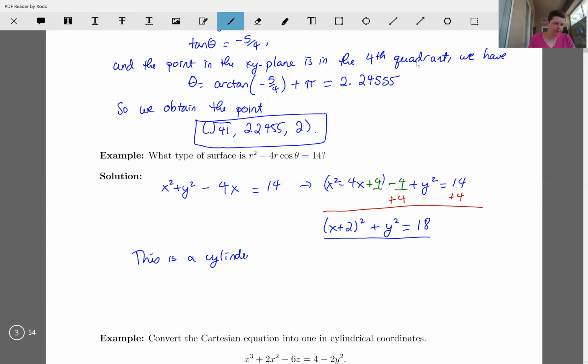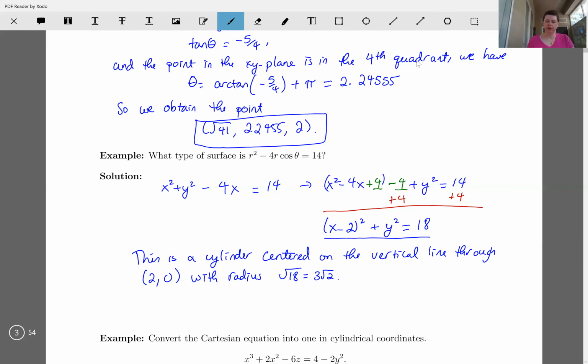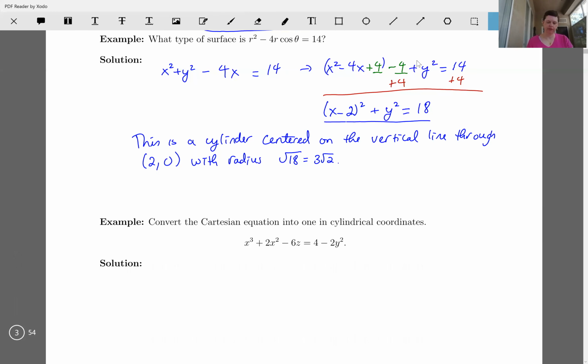It's a cylinder centered on the vertical line through the point 2, 0, with radius square root of 18, or 3 root 2. That's an x minus 2 squared, I just realized. So that's what type of surface that is.